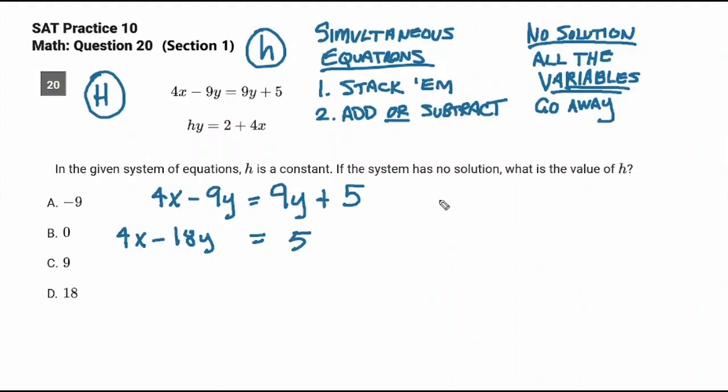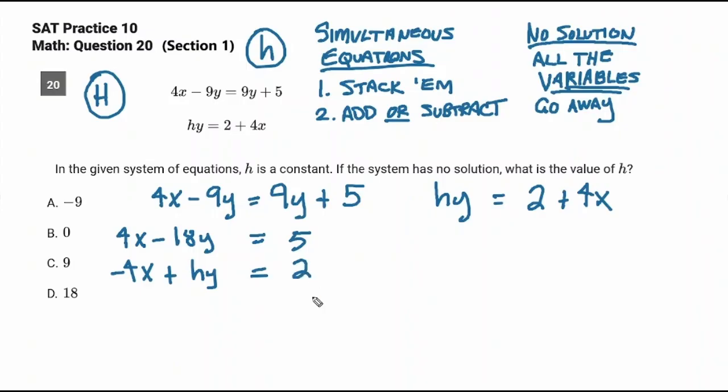And then for the second equation, I'm going to put it over here, and we want it to look in the same form as the equation we just did. So I'm going to take 4x, I'm going to move it across the equal sign, so it's going to be negative 4x. I'm going to put that under this equation. The y's in the exact same place I want it to be, so plus hy, and then equals the 2's in the right place, 2.